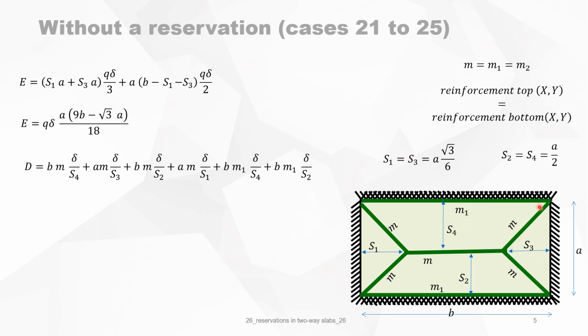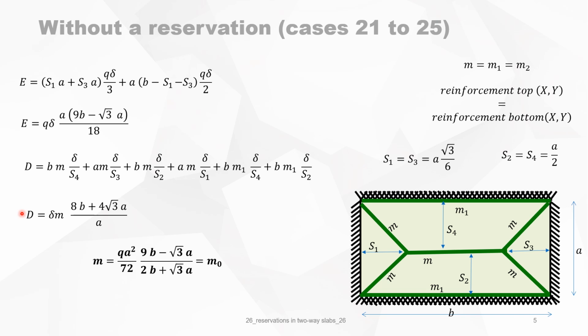Further on, we have M times A divided by S3, M times A divided by S1, and we have M times B divided by S2, and M1 times B divided by S2. Substituting the variables, we get this formula.